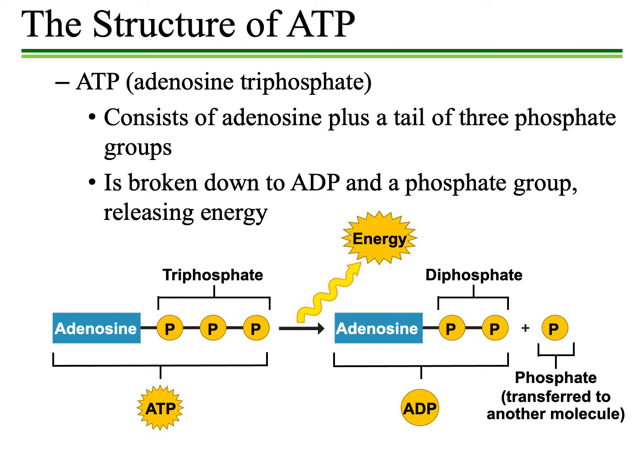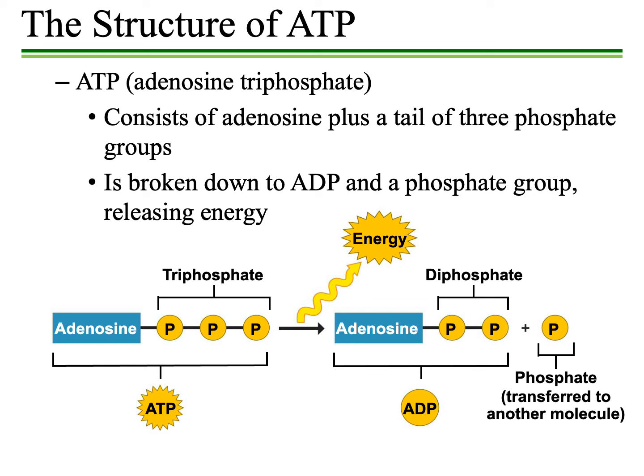So what you see here is a very simplified view of ATP, which again is short for adenosine triphosphate. If you look at the figure, it shows an adenosine molecule, shown very simply as the blue box, and three phosphate groups that are linked one right after the other covalently. ATP, the triphosphate molecule, contains a great deal of energy.